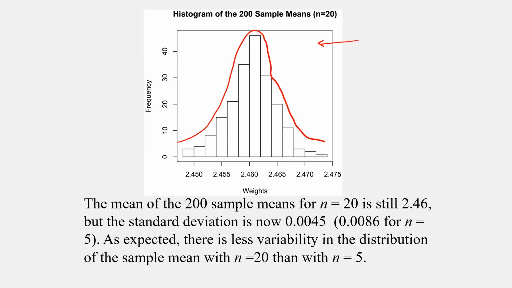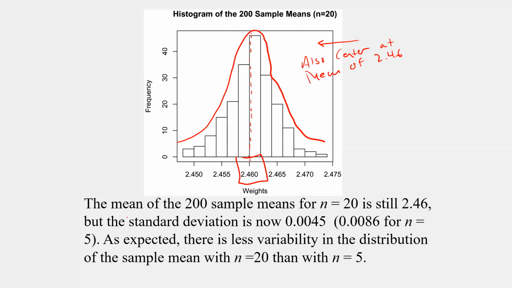It turns out that this histogram is also centered at the mean. So the average of these averages still stayed the same. It was still 2.46.